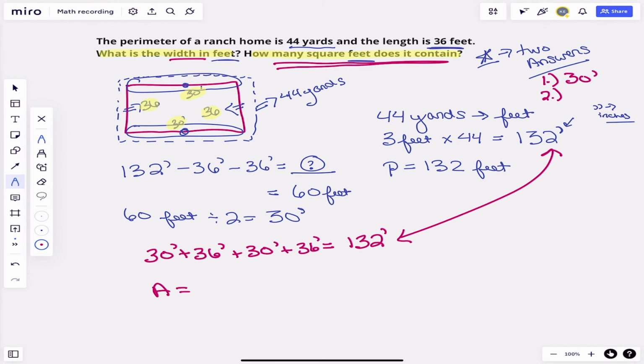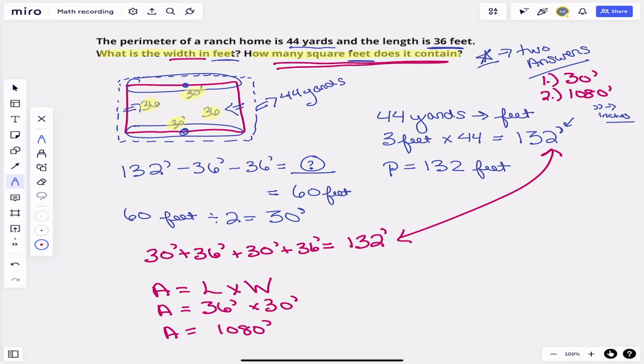And area is equal to length times width. We know that our length is 36 feet. And we found out that our width was 30 feet, which means the total square footage in this house would be 1,080 feet. That is our answer.